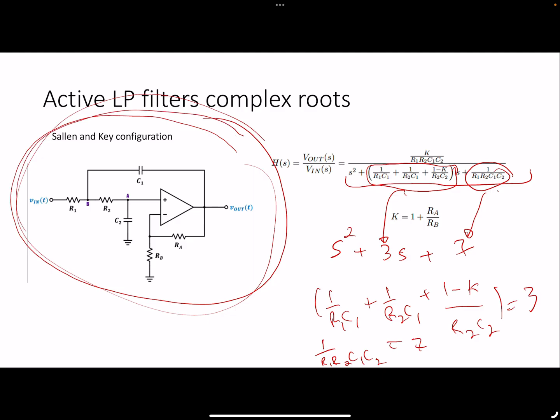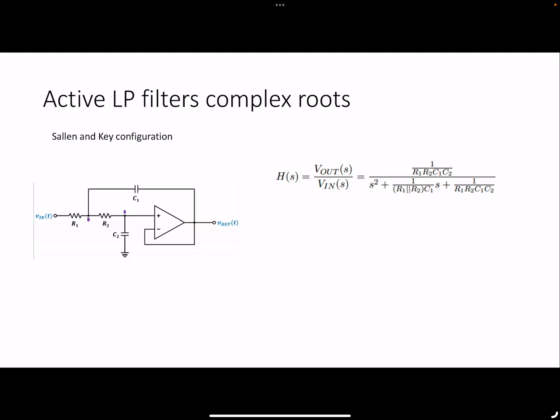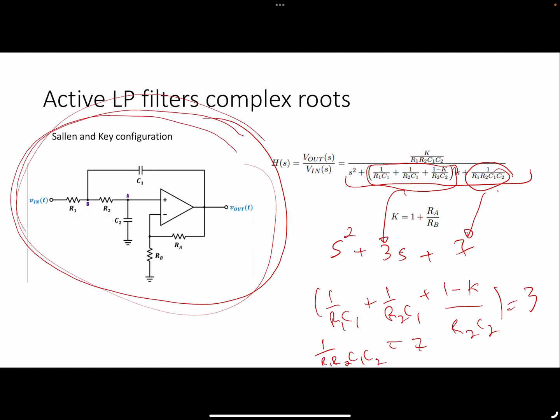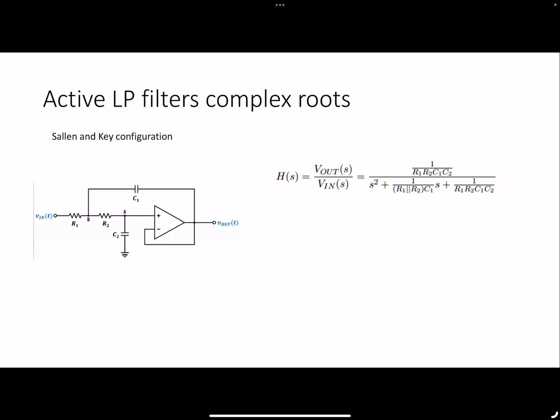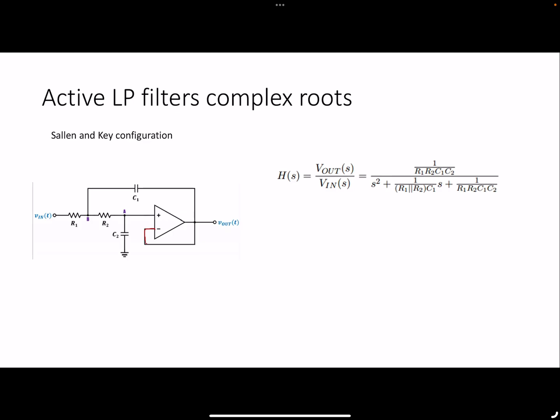So this configuration will allow you to get any second order type formula. Now, sometimes what we will do is we will just assume that this K factor is 1 to simplify this. So if you choose K equals 1, that would mean that RA is 0, in which case you just replace this with a voltage follower.